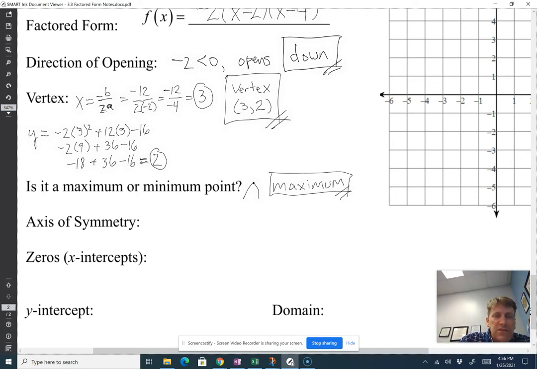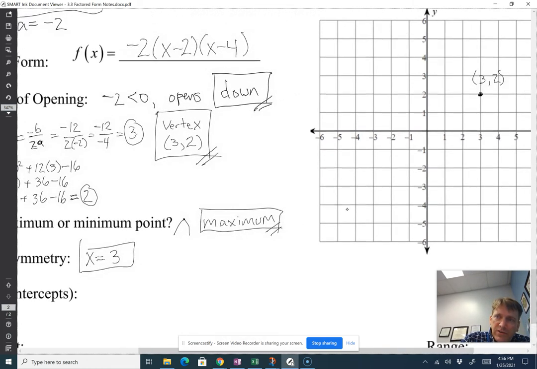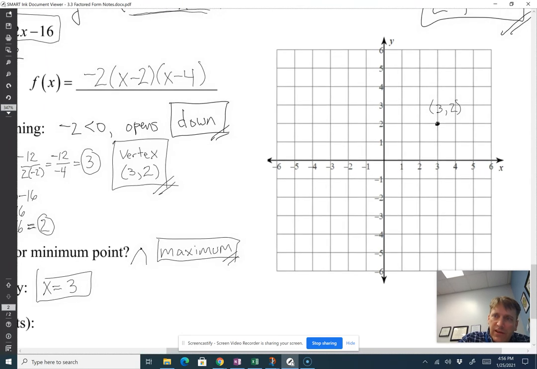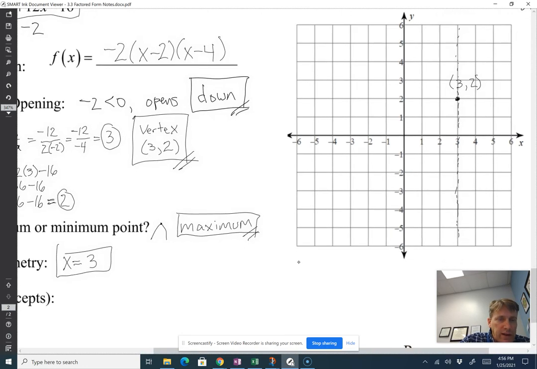And then the axis of symmetry, remember, is just x equals the x-coordinate of our vertex, which is 3, so it's x equals 3. Let's bring that over to our graph and also mark that in just as a dotted line. It's pretty faint, but we get the idea.